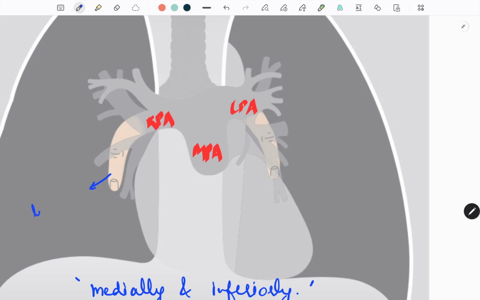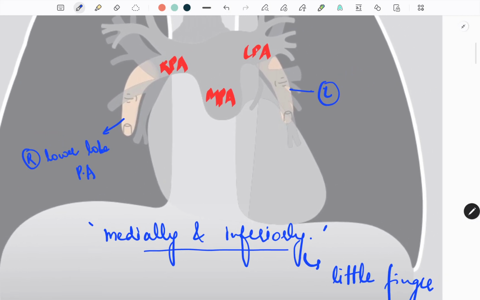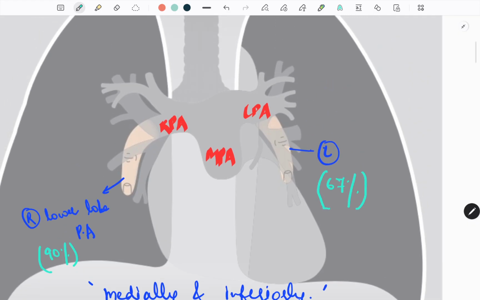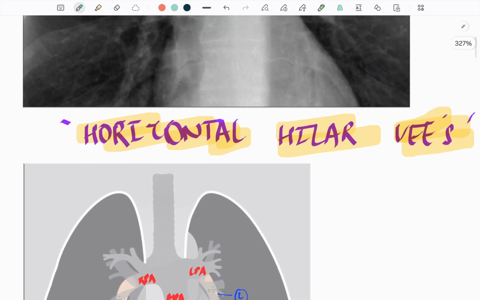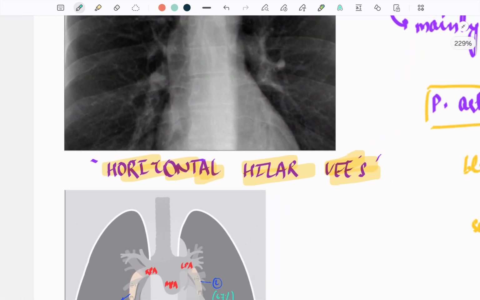This is the lower lobe pulmonary artery of the right side, and this one here is of the left side. The right one is seen in almost 90% of X-rays, whereas the left lower lobe pulmonary artery is visualized in 67% of normal X-rays.